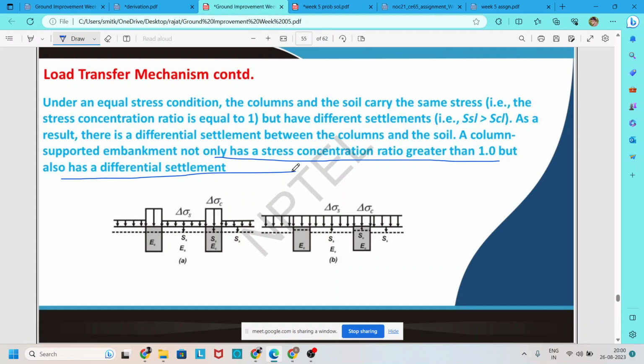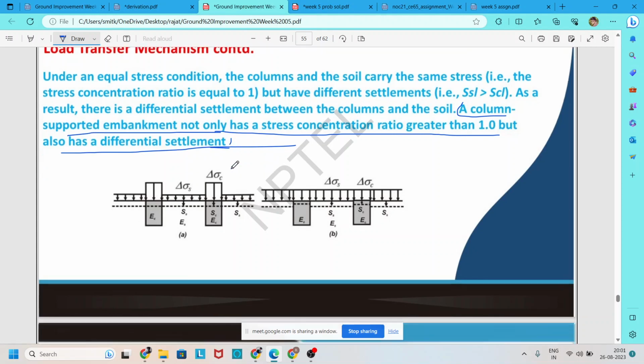That means the settlement of the surrounding soil is higher than the settlement of the composite column. So this load transfer mechanism may not apply for the embankment when we apply this.